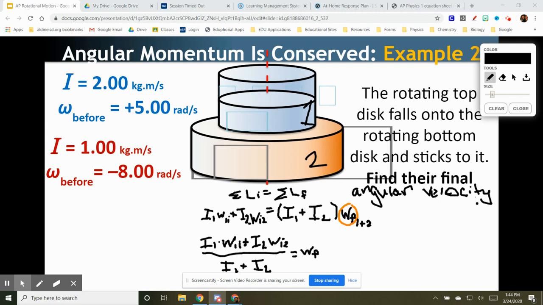Okay, never mind. There's an error in my answer key. I see it. Positive 0.67 radians per second is correct. Okay, radians per second.